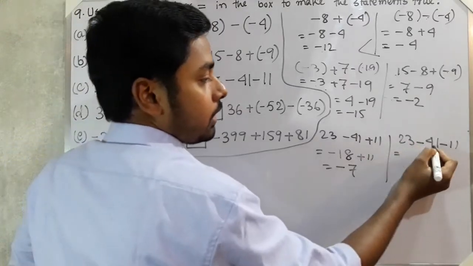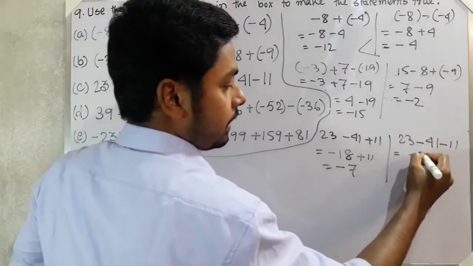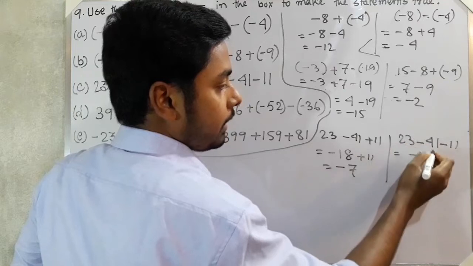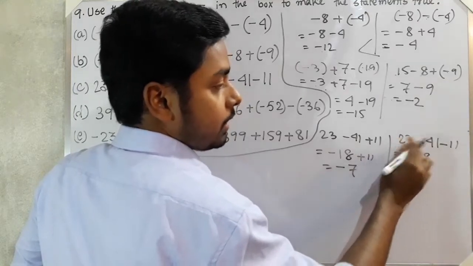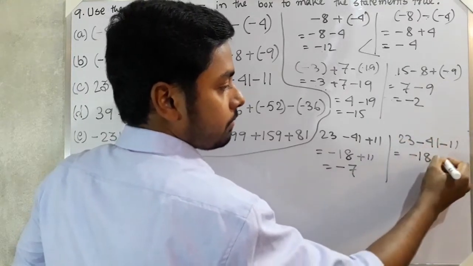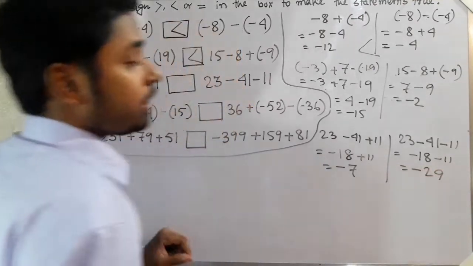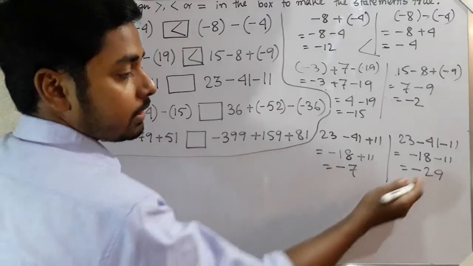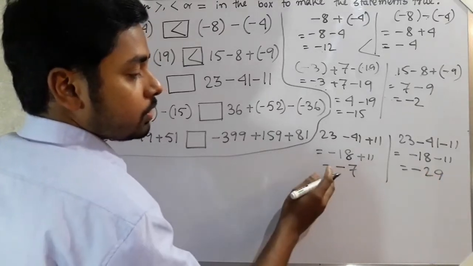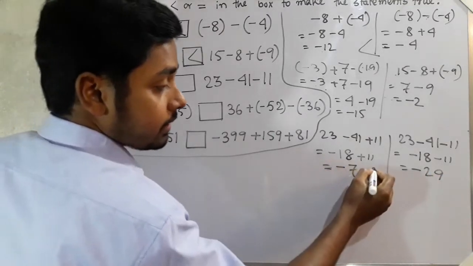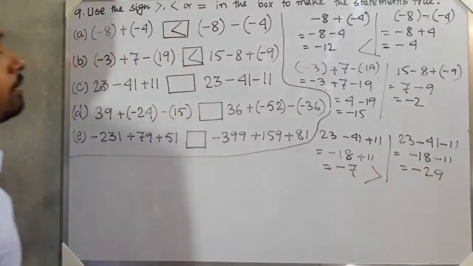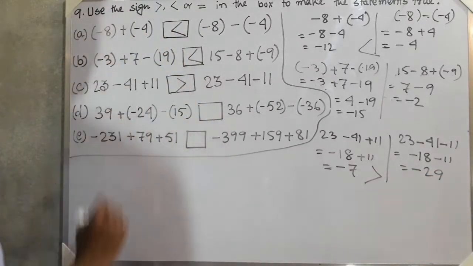So 41 minus 23 means minus 18. Minus 18 minus 11 will be minus 29. Now which one is greater between these two numbers? Minus 7 is greater than minus 29, so this one is greater than.